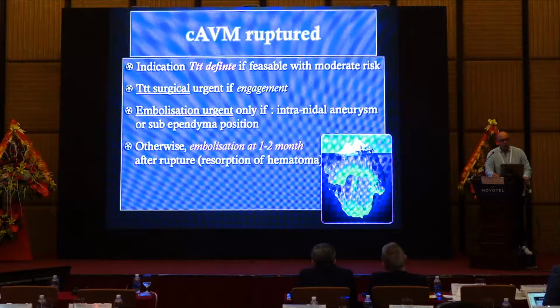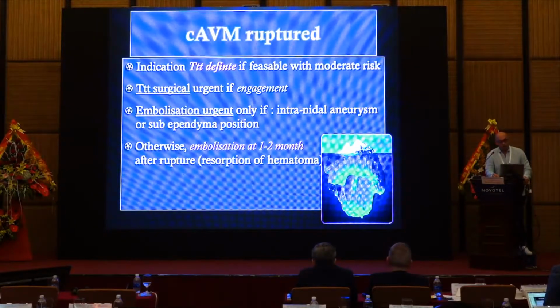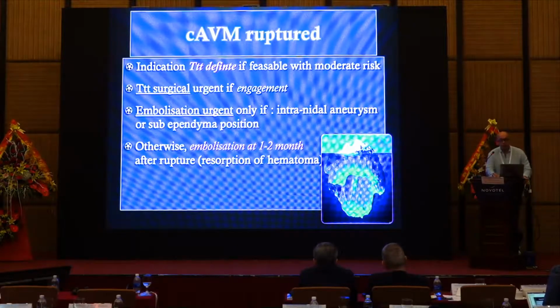It's an emergency treatment if you have a mass effect, or if you have, as I will show you later, intranidal aneurysm or subependymal position, where these are very liable to rebleed very soon. Otherwise, we have to postpone the indication of treatment, after 1 or 2 months, until you have the resorption of the hematoma.